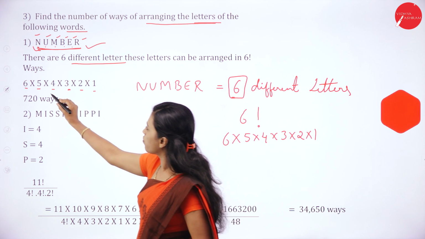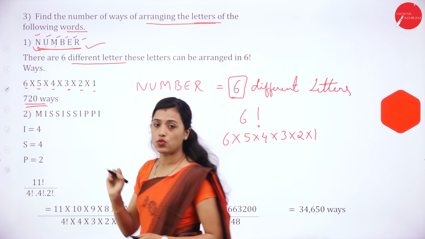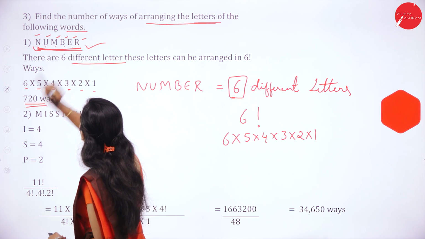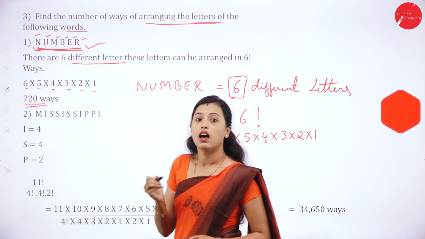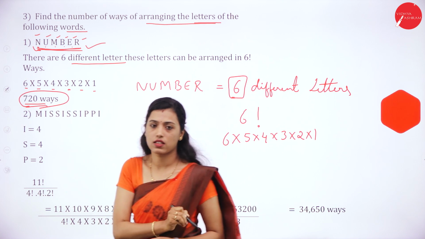So 6 into 5 into 4 into 3 into 2 into 1 is 720 ways. So these words can be arranged in 720 ways.